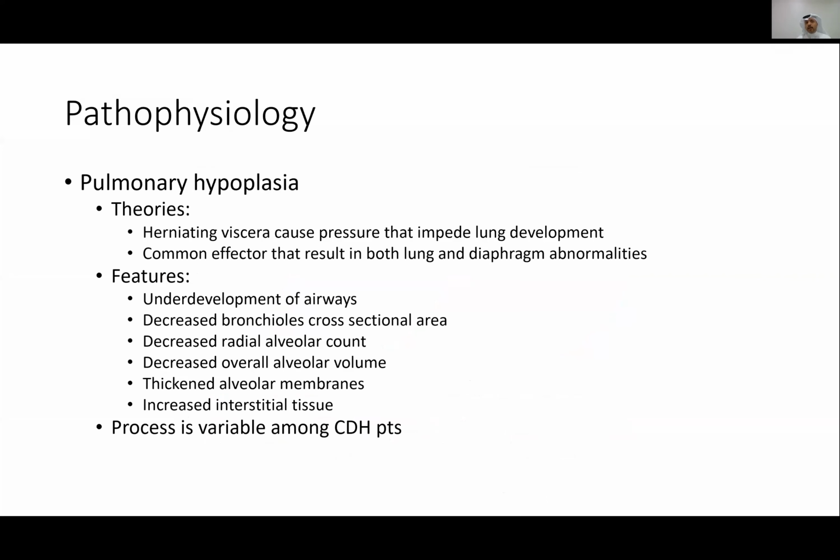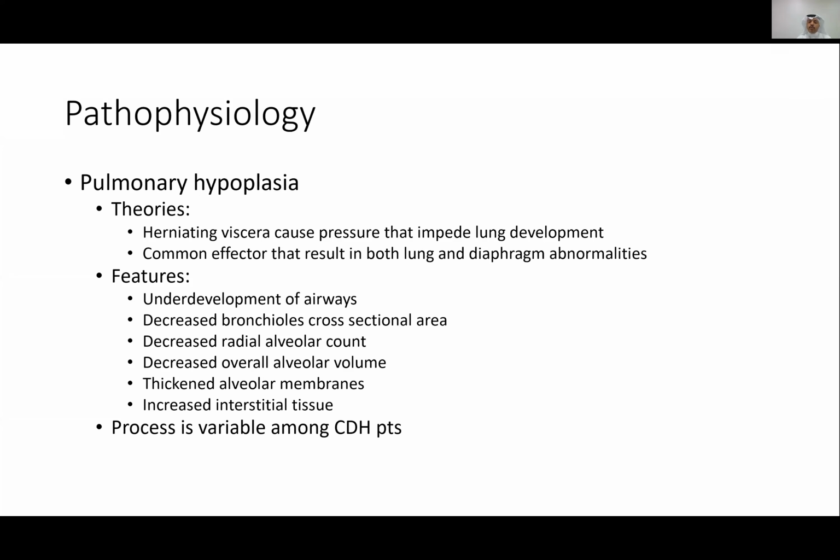That's the classic and long-lasting accepted theory. But another theory talks about a common effector, which means that basically there's an insult that resulted in both lung hypodevelopment and the CDH of the diaphragm. So they're not caused by each other, but rather by a common insult.